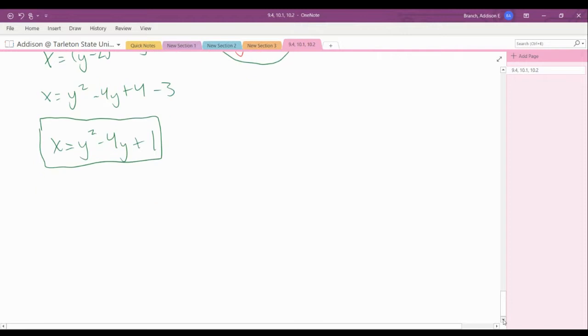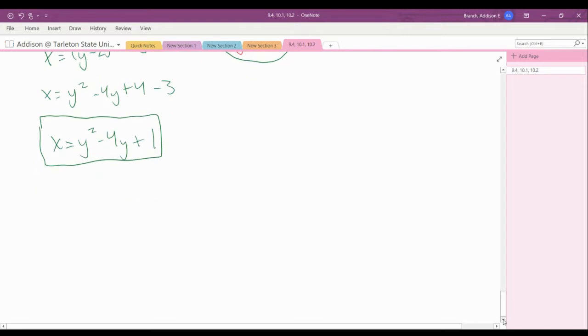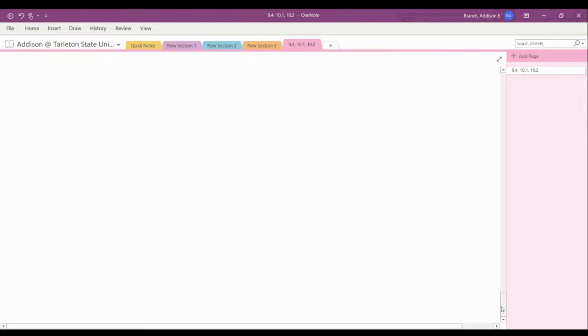So I have one more. This one's going to be a mix of sketching, and we're going to both sketch with our parametric and eliminate the parameter t.